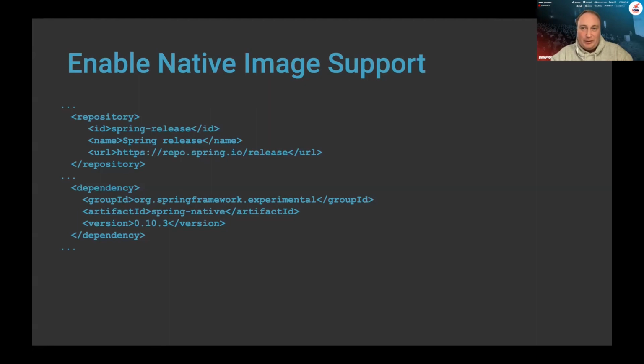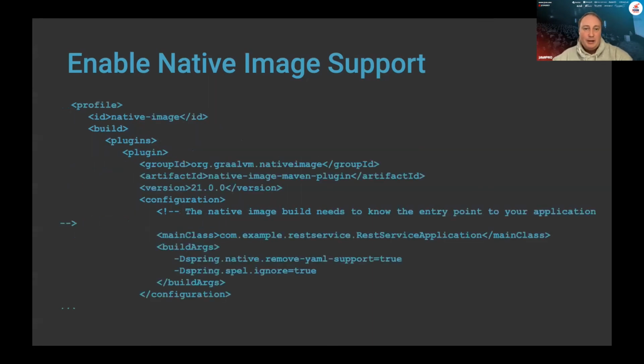The framework knows what it really needs inside, right? So it just can help with it. But you need a special plugin for that. And you can have a custom configuration for the GraalVM native image plugin. Why do we need a custom configuration? Well, we'll look a few slides ahead.